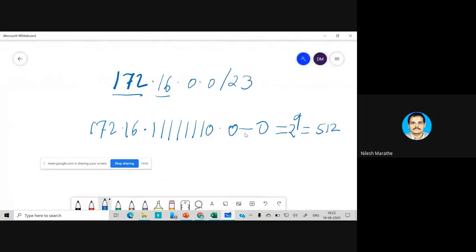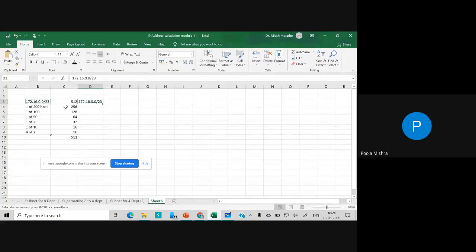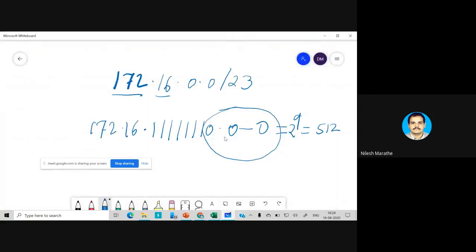So from here, we have to do the subnetting in these bits. What is the first requirement? 256. 256 means the last full octet. Yes or no?